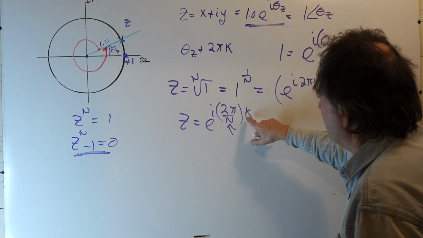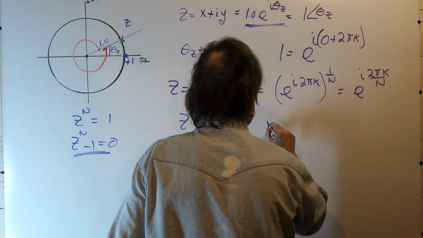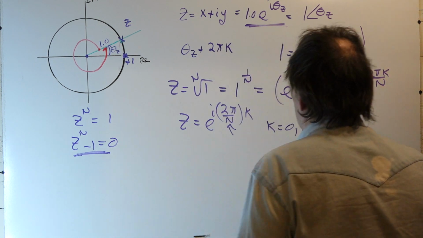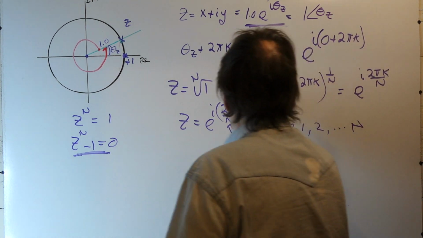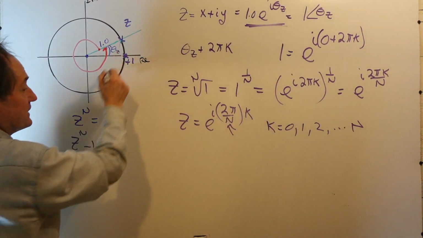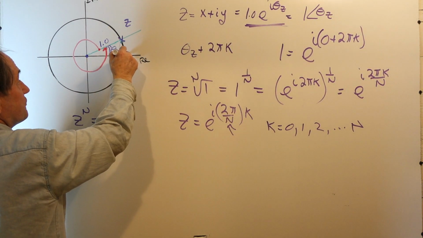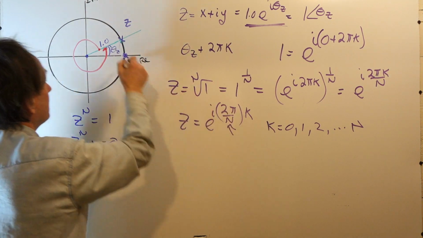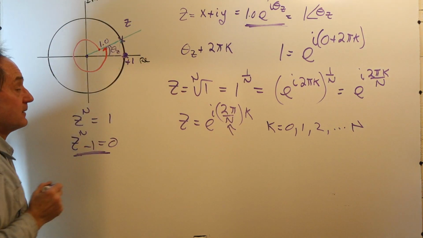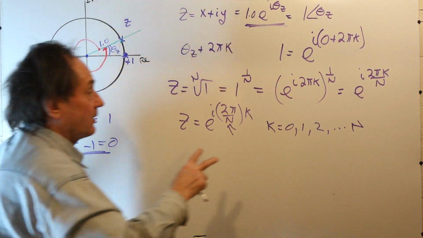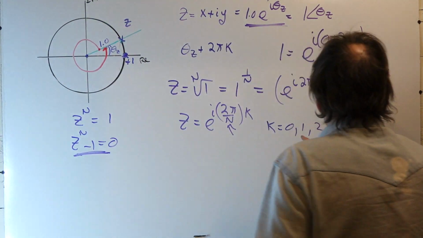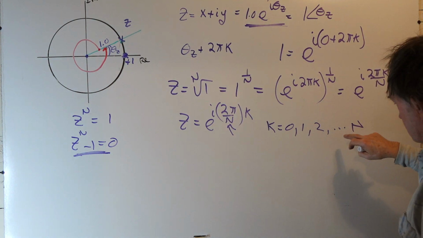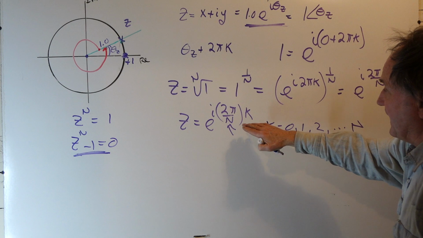So as we increment k, k is an integer, it goes from 0 all the way on up to n. When k is equal to n, we're back to where we started. That is, we're starting at plus 1, and when k is equal to n, we're back to where we were. So there are n unique roots.